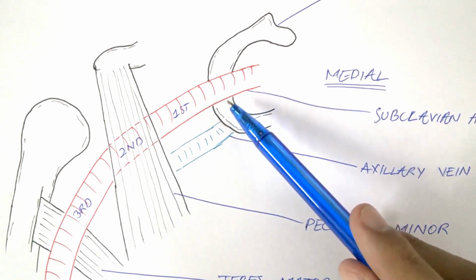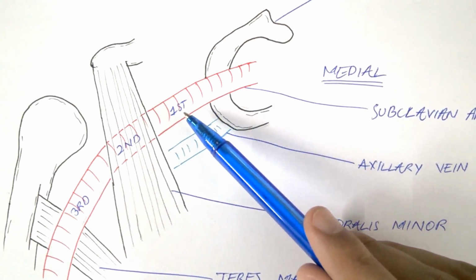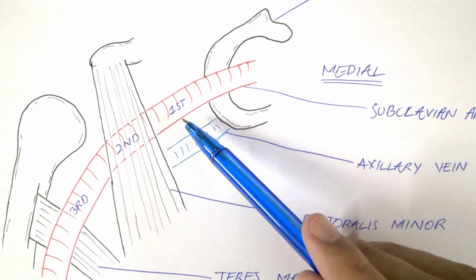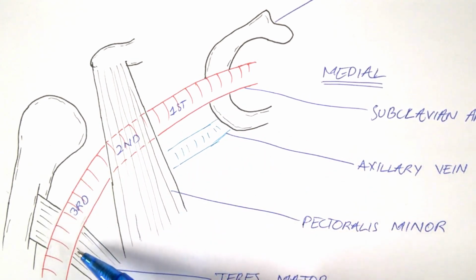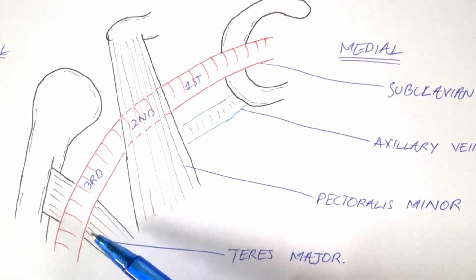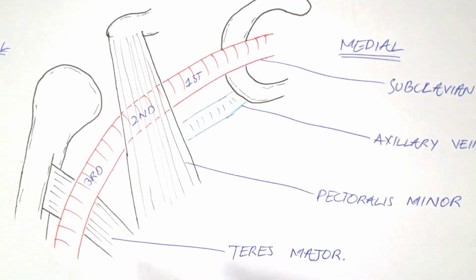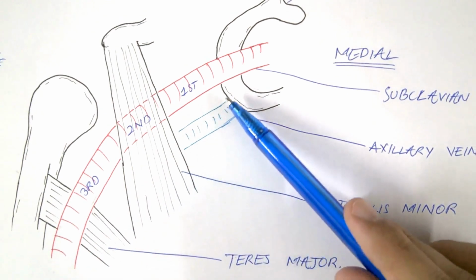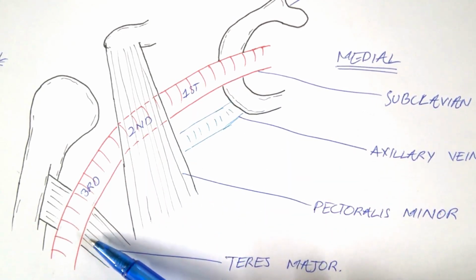When the subclavian artery crosses the outer border of the first rib, it is then known as the axillary artery, and it passes through the axilla, and after crossing the lower border of the teres major muscle, it is then called the brachial artery. So the axillary artery is between the outer border of the first rib and the lower border of the teres major.